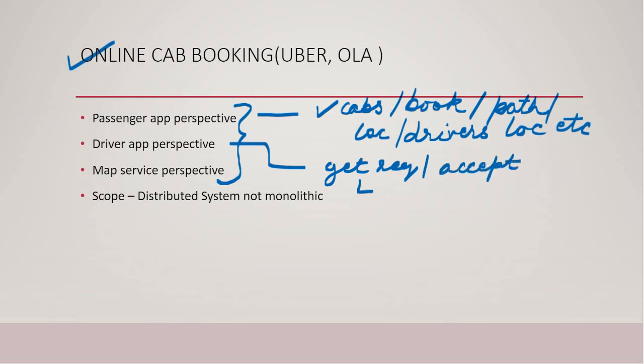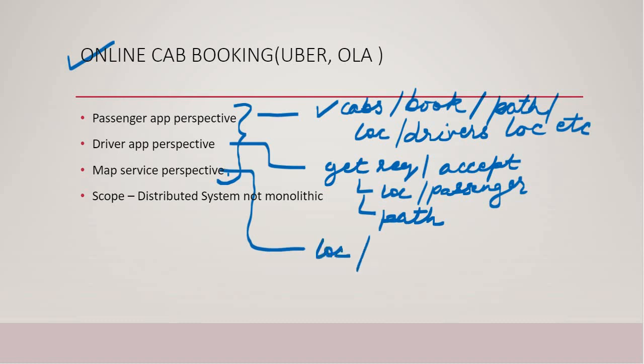Then again, there are other things like his own location, the passenger's location, then the path to the passenger or the destination, and other factors. Then we have a map service also. So the map service will be responsible for location and path information, right? So these are kind of requirements.